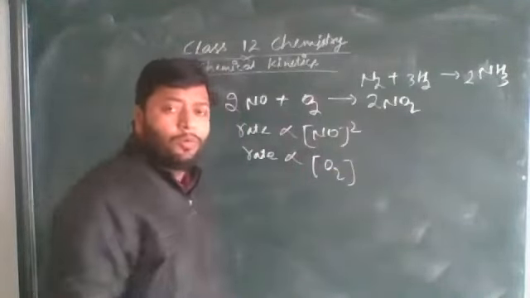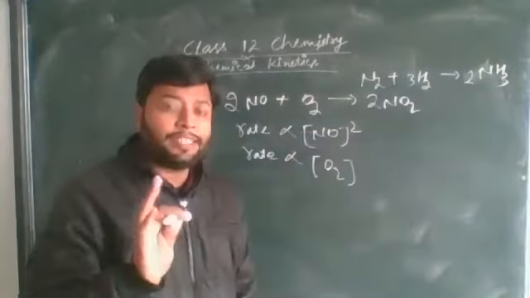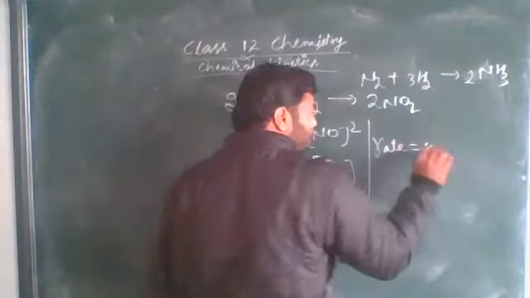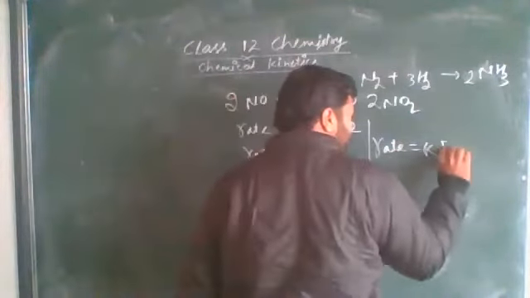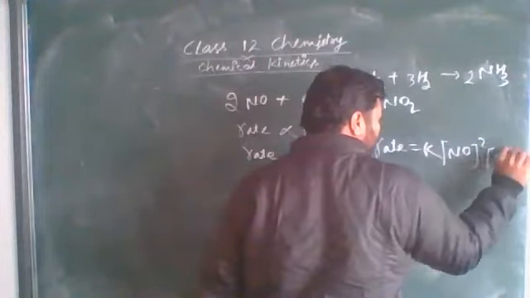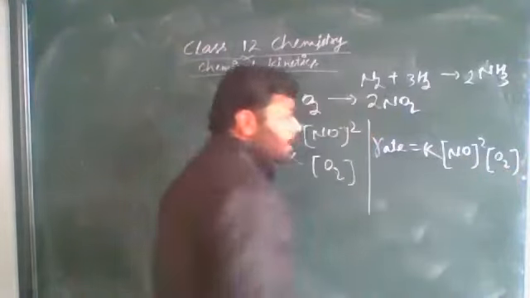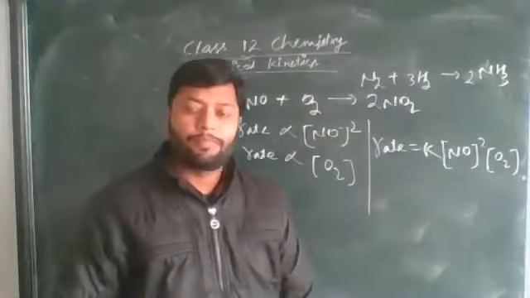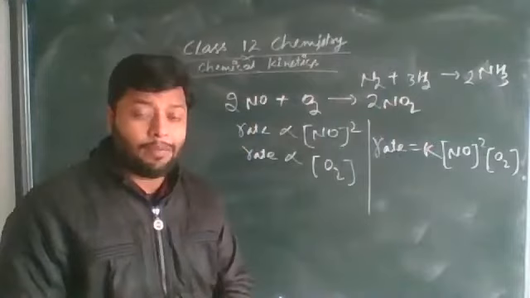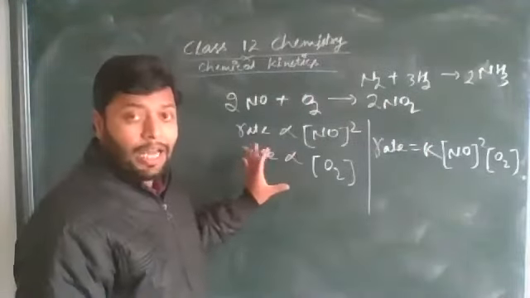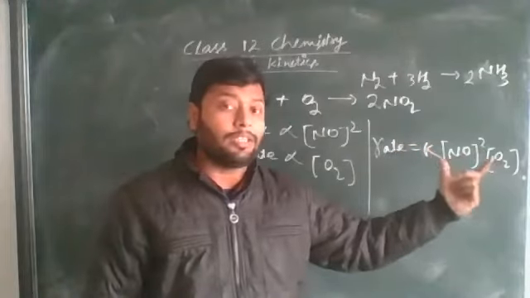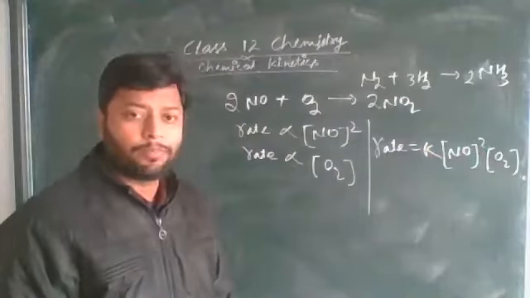So with the help of this experimental data, we can deduce that the rate of the above reaction can be written like this. With the help of this experimental data only, we can solve problems based on the rate of reaction, the rate constant and the molar concentration of any given reactants.